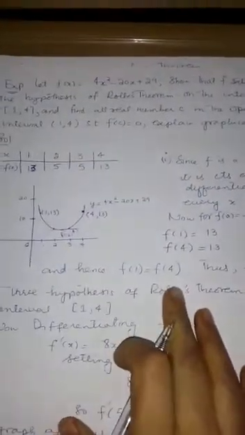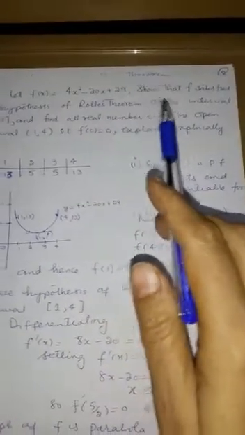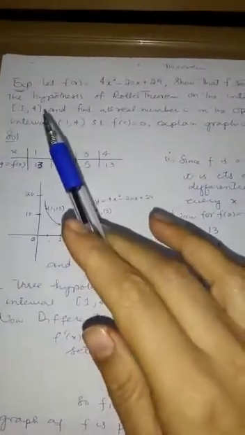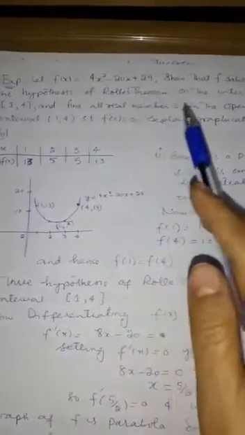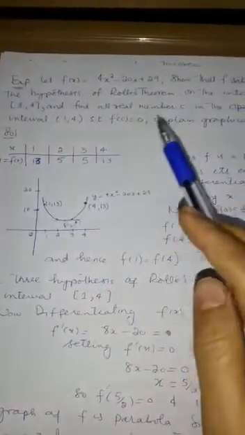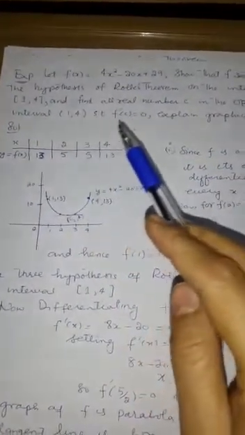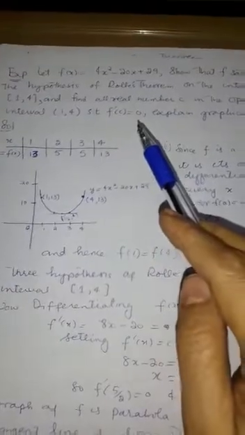We have an example in which we will apply Rolle's theorem. Let f of x equal 4x squared minus 20x plus 29. Show that f satisfies the hypothesis of Rolle's theorem on the interval [1, 4], and find all real numbers c in the open interval (1, 4) such that f prime of c equals 0.